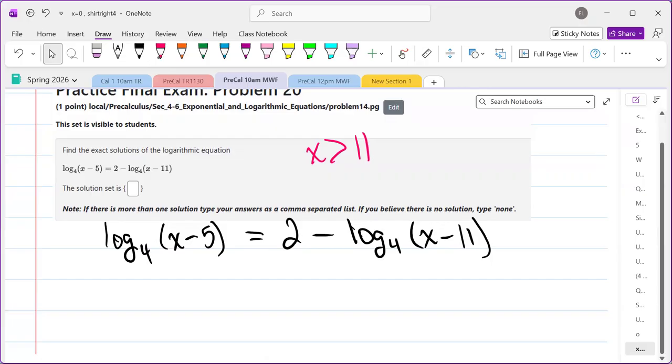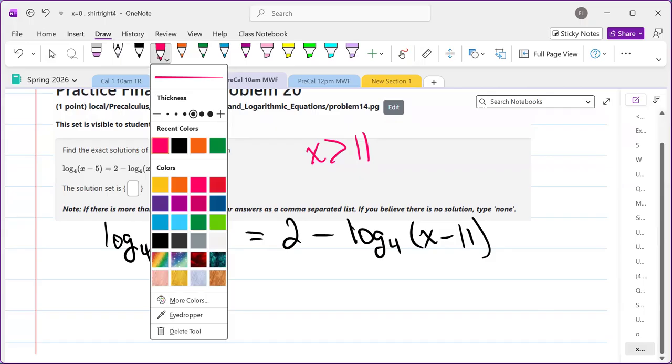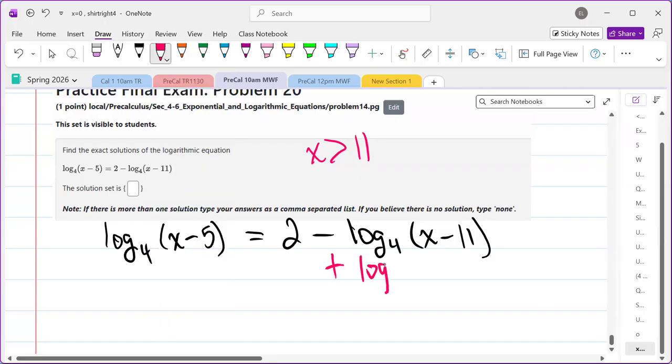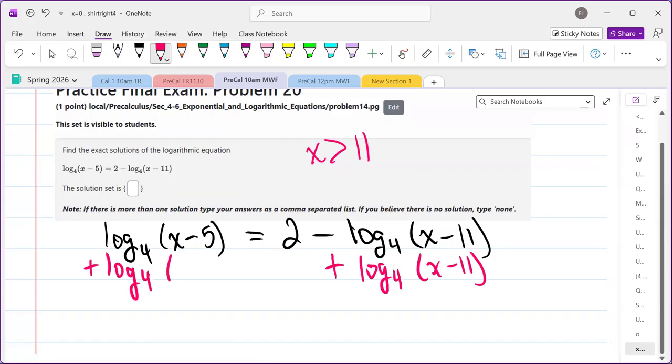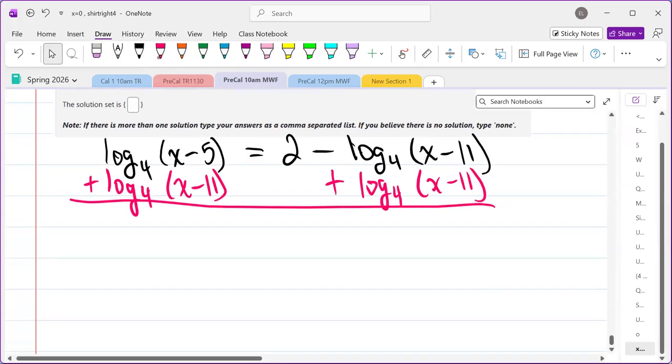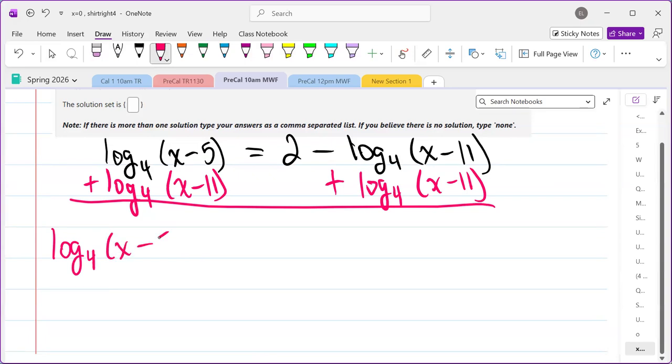Now, in order to solve this equation, I need my logarithms on the same side so I can use my log properties to combine them. So I'm going to add the logarithm to the other side. Now, logarithms do not add normally, so we're not just going to add the insides and call it good. I'm going to rewrite this as one logarithm plus another logarithm.